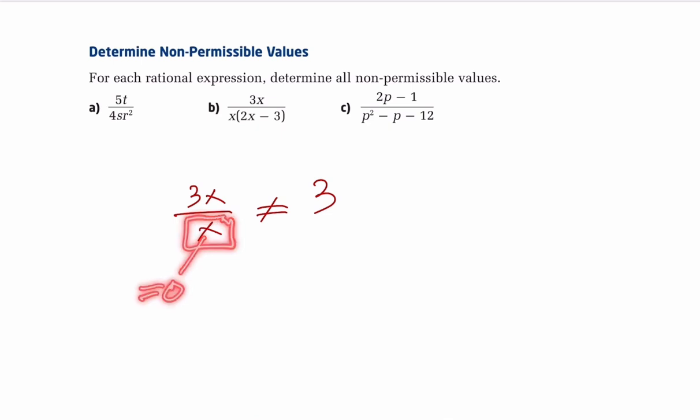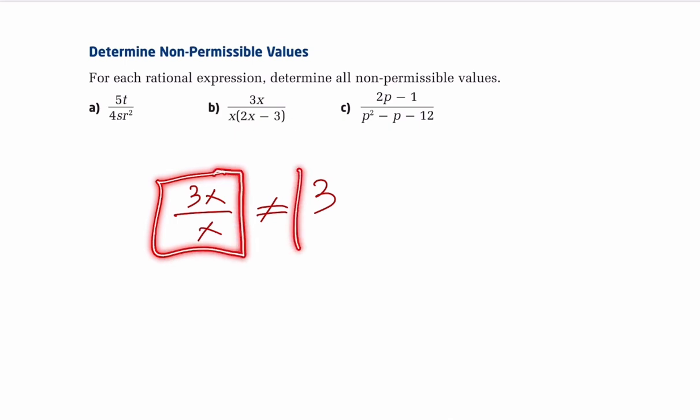But for the other one, I don't care. If x is 0 or x is anything, it does not affect my relation. Okay, so let's deal with the permissible value, because the permissible values are actually the main point that differentiates between an algebraic fraction and a rational expression.